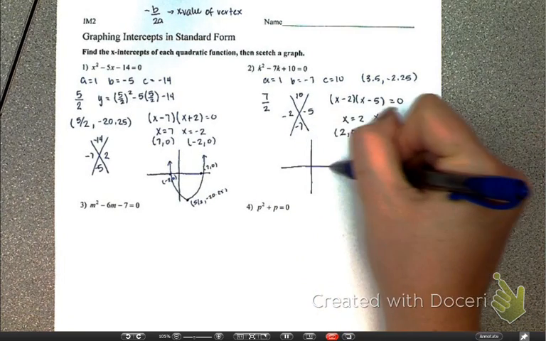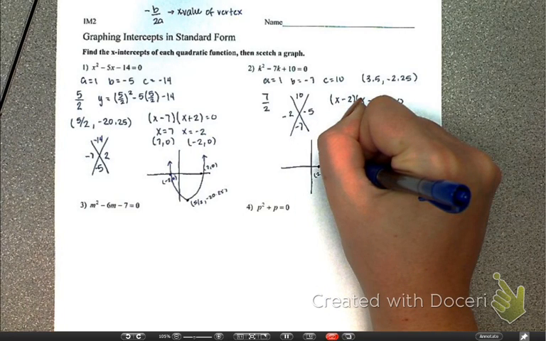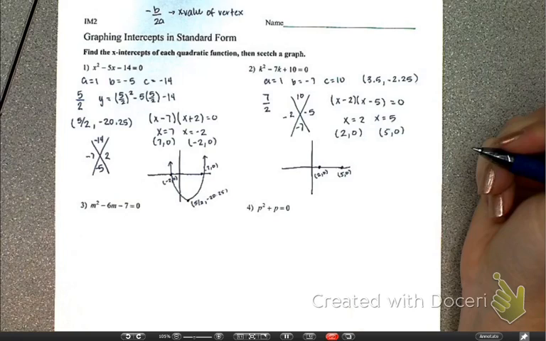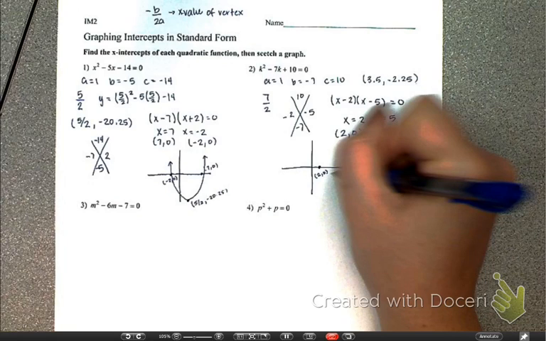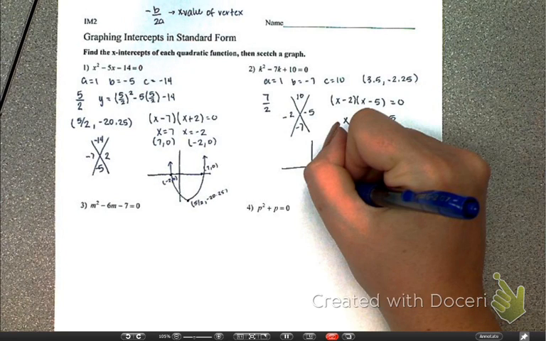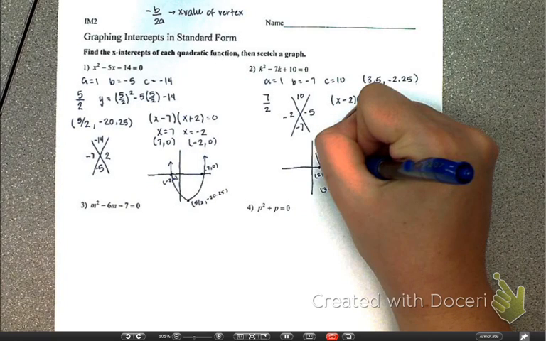Again, you're sketching, so 2, 0 here approximately. 5, 0 we'll say is here. And 3.5 is going to kind of be in the middle of that, and -2.25 is about here. So here's my vertex. And my sketch.